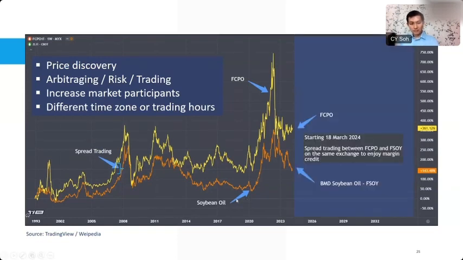Okay, so what you're seeing here is that unfortunately the TradingView that I have doesn't have the DCE soybean oil. So this is based on soybean oil CBOT and the palm oil. So your question is, what's the relationship between palm oil and soybean oil? If we look at the relationship since about 1993, they moved in alignment, pretty much together.